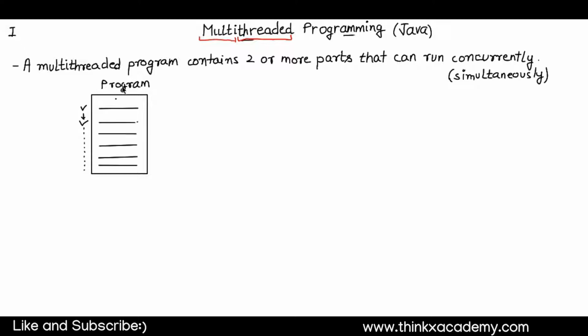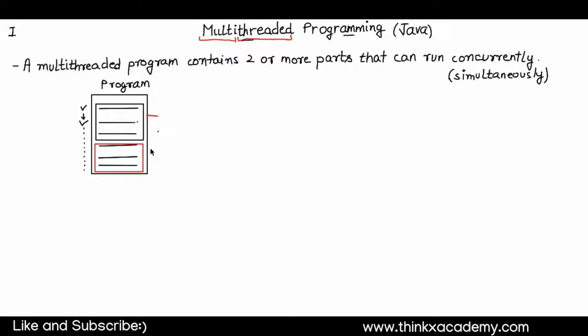If I want to divide this program into two parts, let's suppose the first part takes 3 lines and the second part takes the remaining 3 lines. Now this program contains two parts.